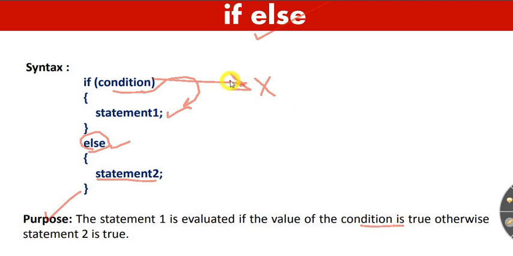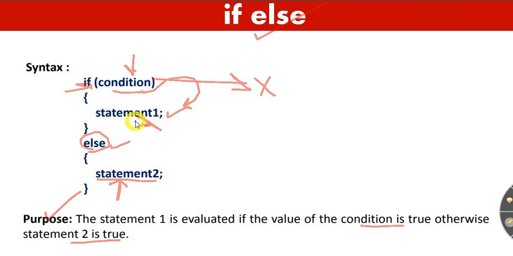So the statement present in the if block is executed, otherwise statement 2 is executed. So if this gets false, the else portion is going to be executed. But if this is true, statement 1 is going to be executed.